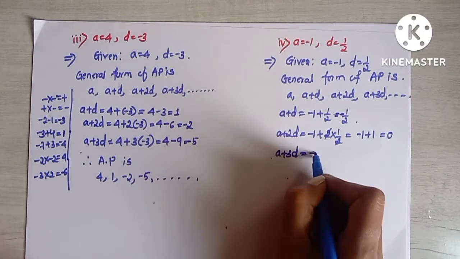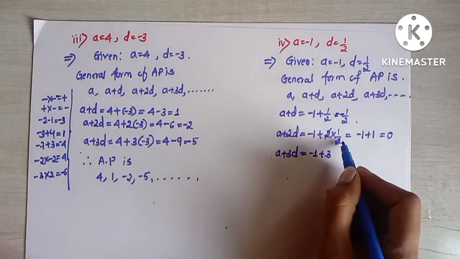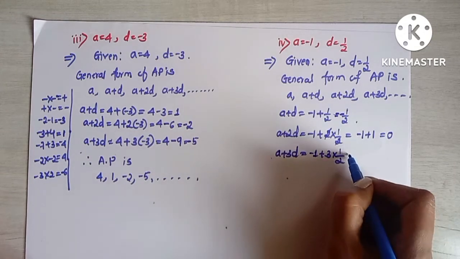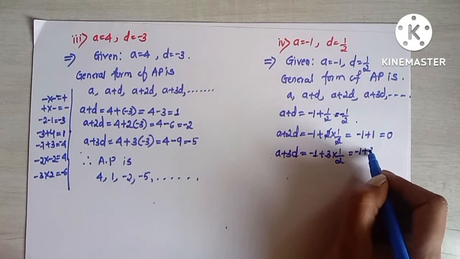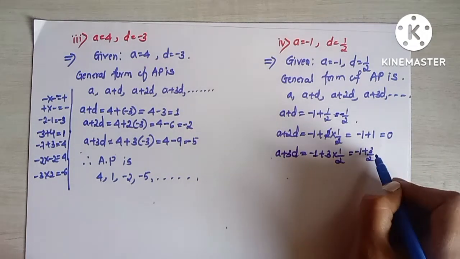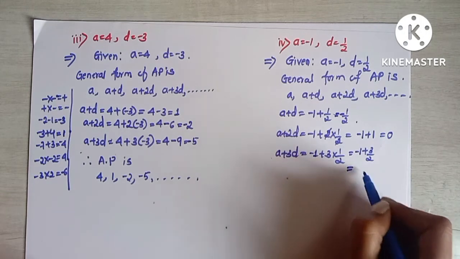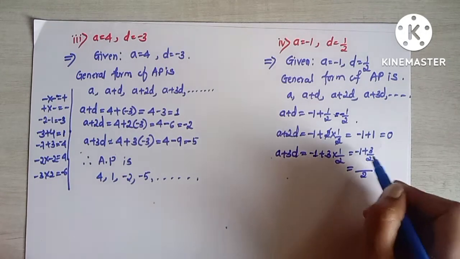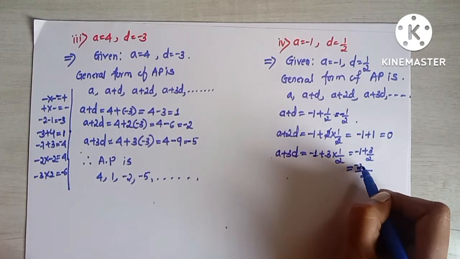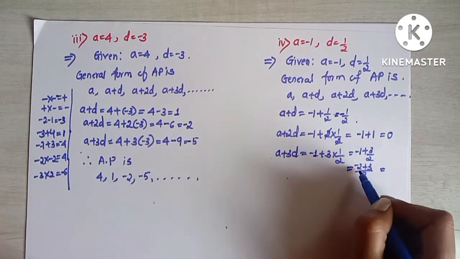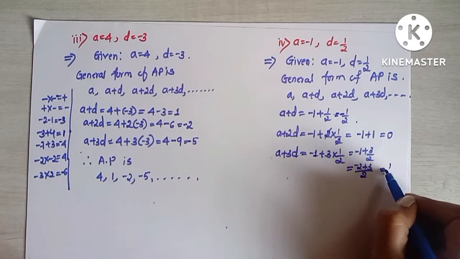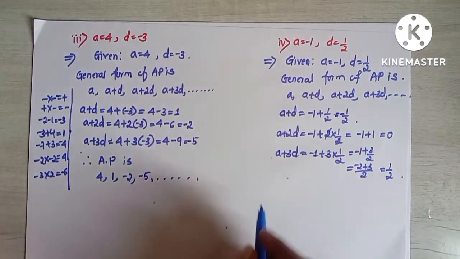The a value is -1 plus 3 as it is, the d value is 1 by 2. So this will be -1 plus 3 by 2, which is equal to, LCM is 2, therefore -2 plus 3 by 2, which is 1 by 2.